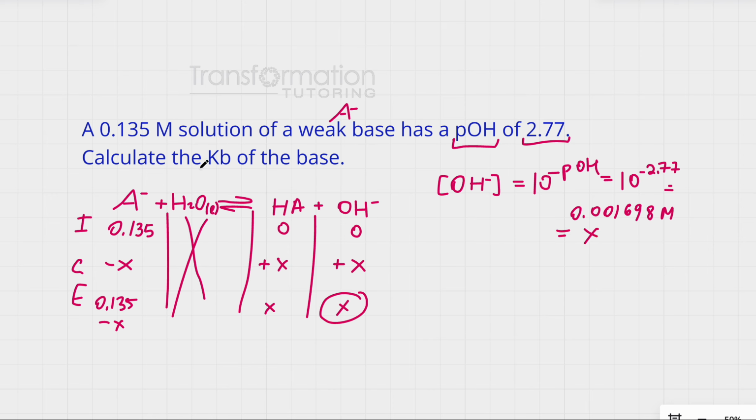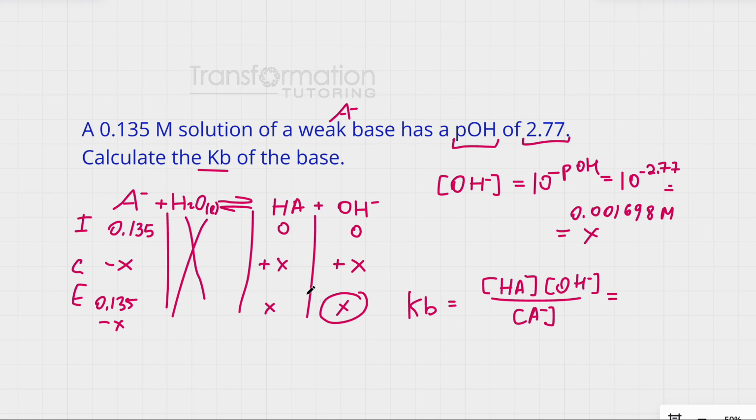They're asking me to calculate Kb, and that's what I'm going to write out next. K is the equilibrium expression, and it will be the concentration of products over the concentration of reactants. So it will be the concentration of HA times the concentration of OH minus over, and again we skip water because liquids and solids are not a part of our equilibrium expressions, over the concentration of A minus.